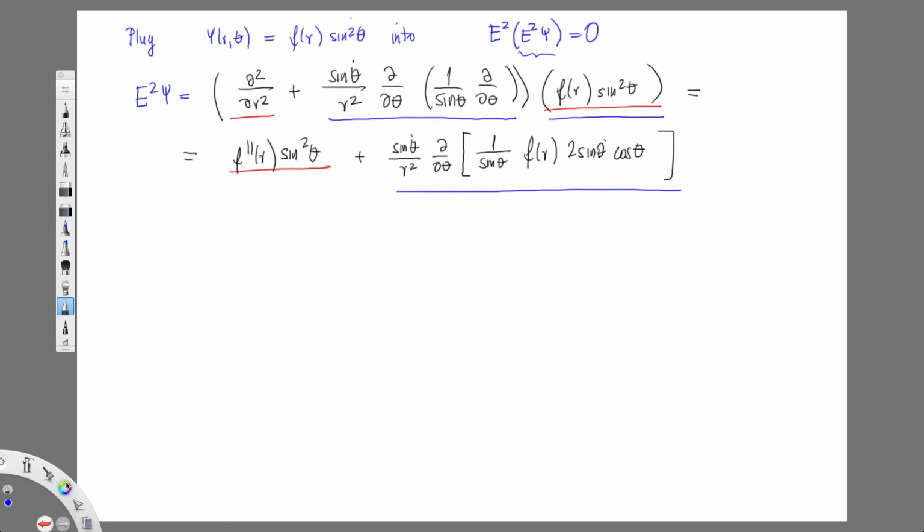All right, so these two can go. Now I leave the first one as is, and it's the second one that is a little hairy. I can put f of r outside of the partial derivative with respect to theta, and I can take the 2 outside as well. So what I have is partial of cosine theta, partial theta, which is minus sine theta, right?